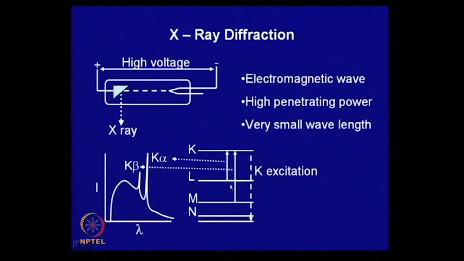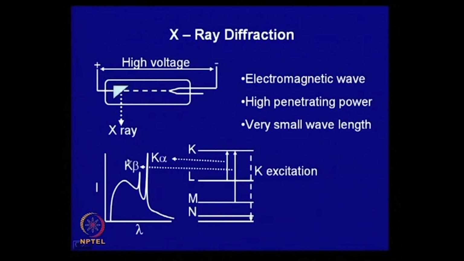Then an electron from a higher orbit, say L, drops down to K, and in that case you will have K alpha radiation emitted, and if an electron drops from M to K, you will get K beta radiation.